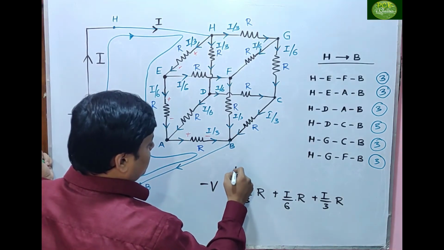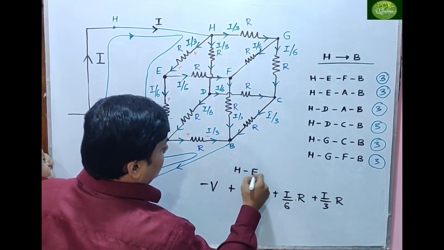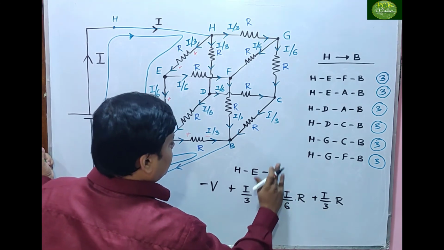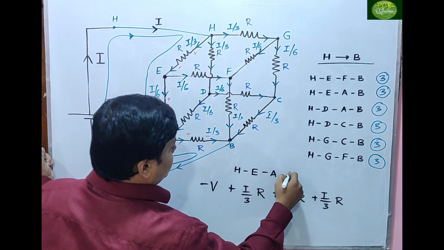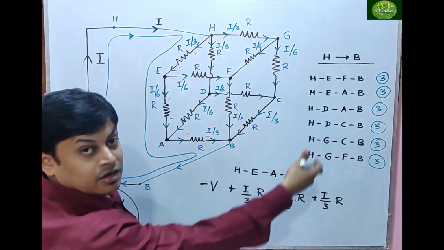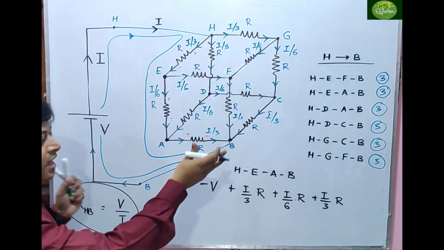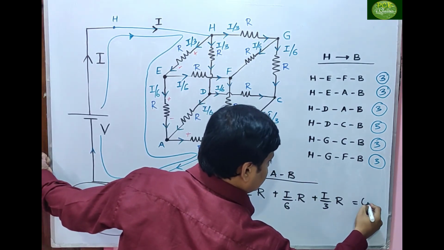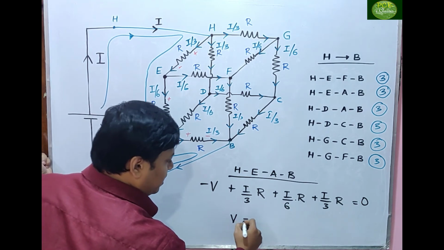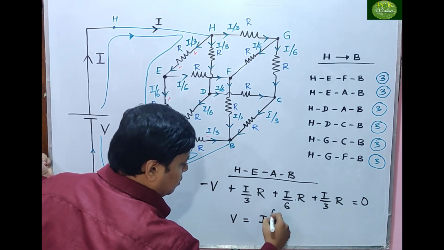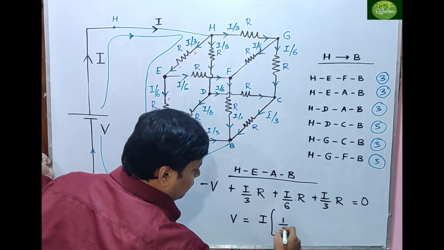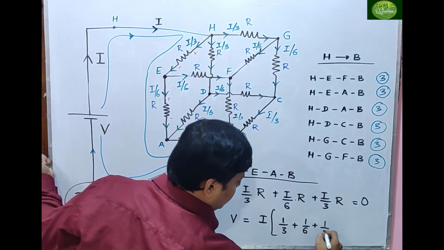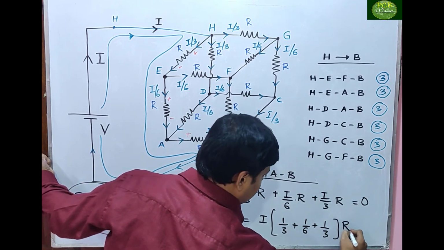I will mention the path: H, E, A, B. You can apply the same KVL equation for any other path also. It doesn't matter. Equals 0. So V equals I times (1 by 3 plus 1 by 6 plus 1 by 3) multiplied with R.